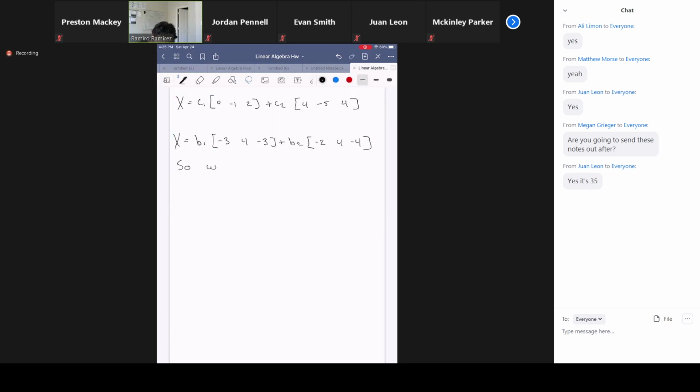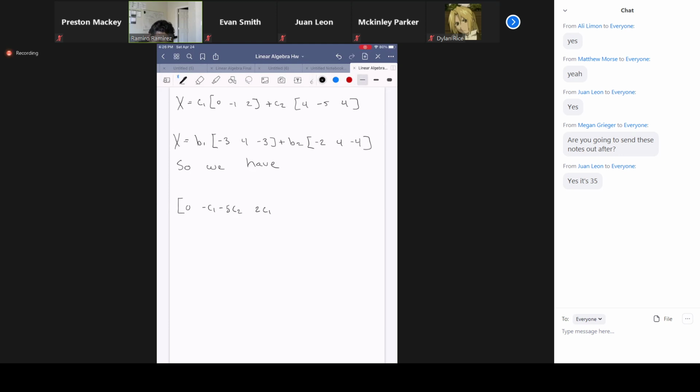So we have that, well, the vector 0 minus C1, 2C1. Oh, I guess if we combine everything in the first one, you're going to get 0 minus C1 minus 5C2 and then 2C1.